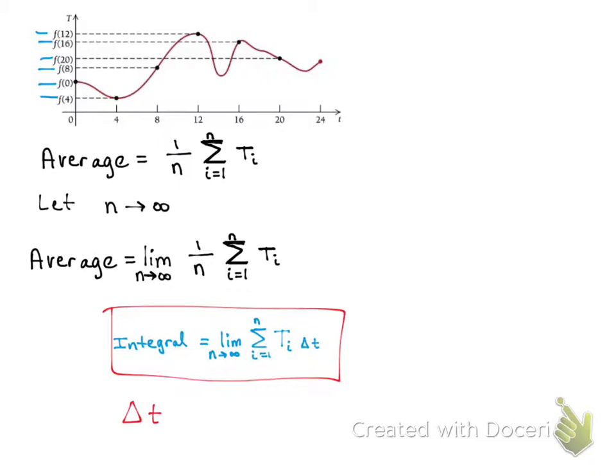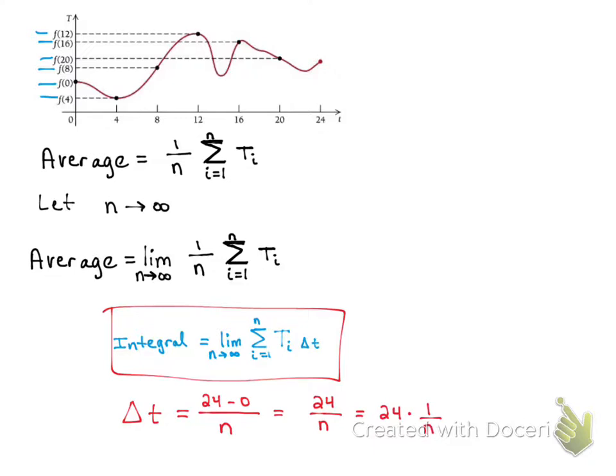So remember what delta t is equal to. It's just the length of the interval, so b minus a if the endpoints of the interval are a and b, divided by n. So for our particular example, b would equal 24 and a would equal 0. So then we get delta t is equal to 24 over n, which you could also write as 24 times 1 over n.